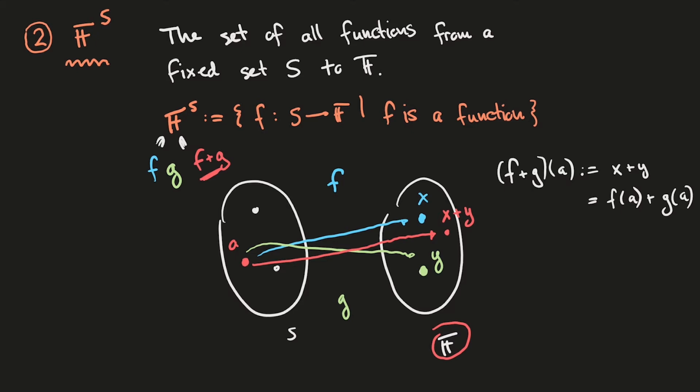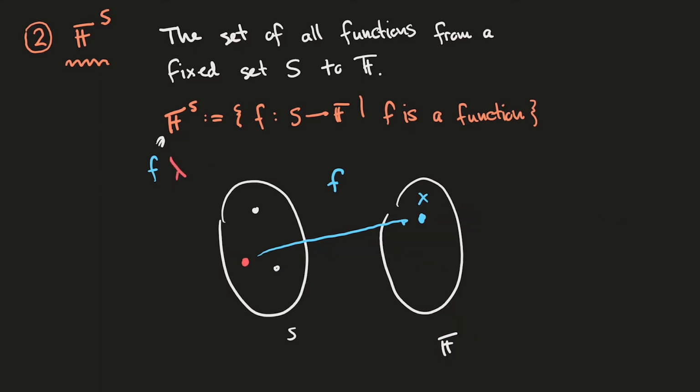So in effect, what we did was we defined (f plus g) of a to be f of a plus g of a. And now we can simply repeat the same procedure for each element of S, and this will define a function f plus g on the entire set S.